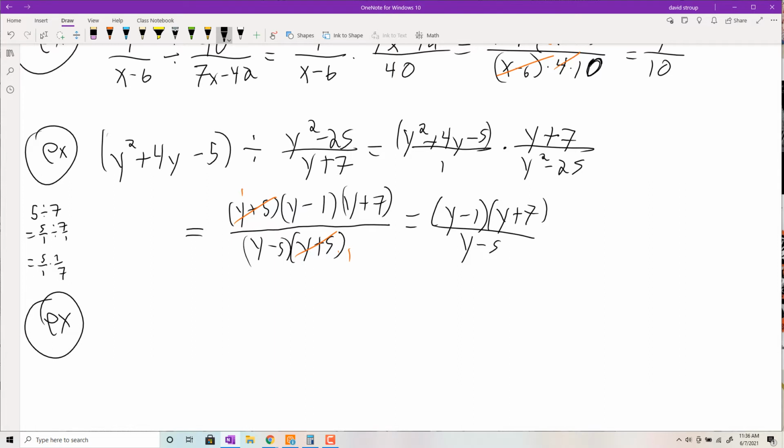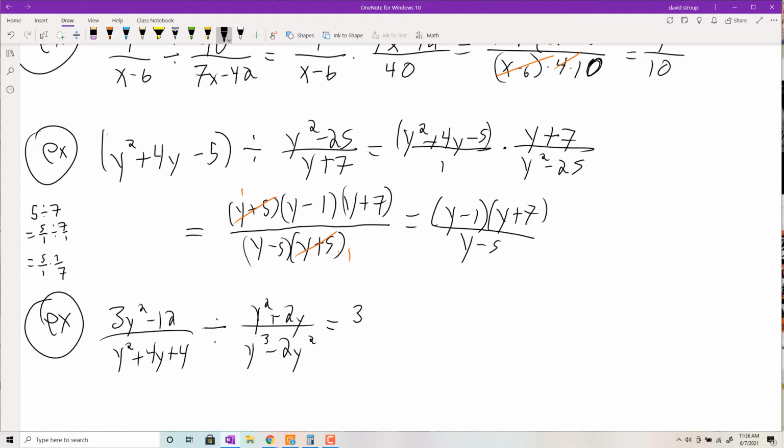Okay, let's do one more and then I'll go to MyMathLab. So 3y squared minus 12 all over y squared plus 4y plus 4 divided by y squared plus 2y all over y cubed minus 2y squared. Okay, so first I'm going to get rid of the division.